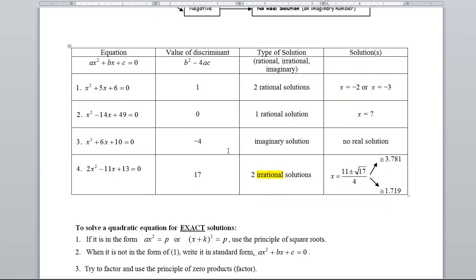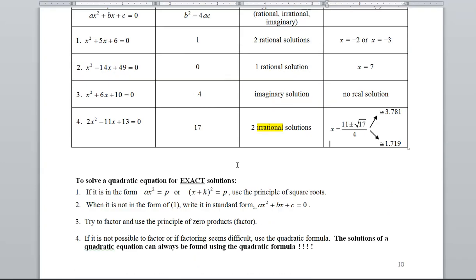So if I go on down to solve a quadratic equation for exact solutions, that means algebraically. If it's in the form of ax squared equals p, or you have a quantity squared equals p, solve for the square, and remember to take square roots. When it's not in the form of one of those, write it in standard form.